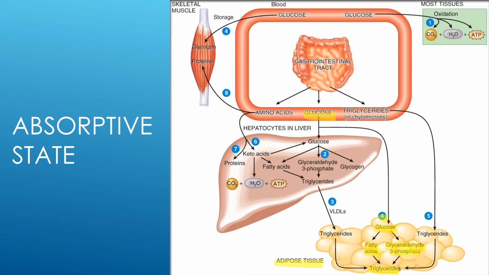There also is some glucose that is taken up by skeletal muscle, and it's going to be converted into glycogen for storage there. Okay, moving on to number 5 here. So number 5 we have down here.